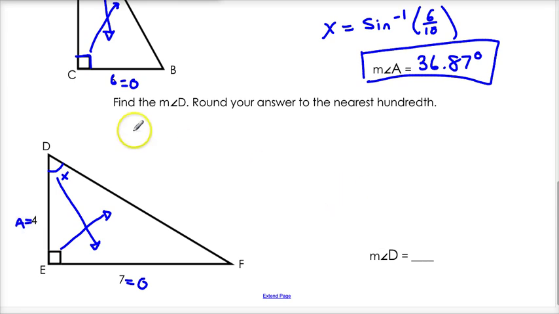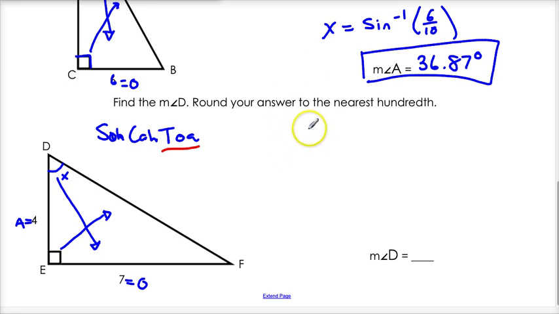Well, if I write out SOH CAH TOA, and I know I have opposite and adjacent, all I'm going to do is find out which function I'm going to use, and opposite and adjacent is my tan function. So let's set it up.